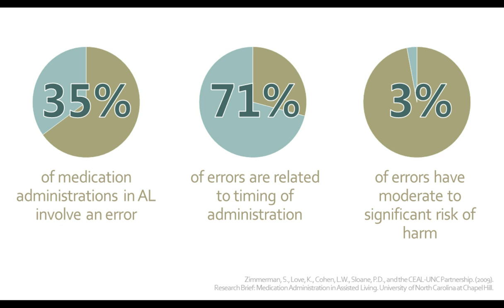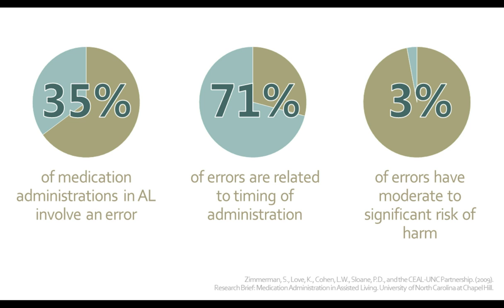But it's important to note that this same research, which was done at the University of North Carolina, found that 71% of errors are related to timing of administration, which again I think speaks back to the volume. And we're going to circle back to this issue of the volume of medications in a little bit.